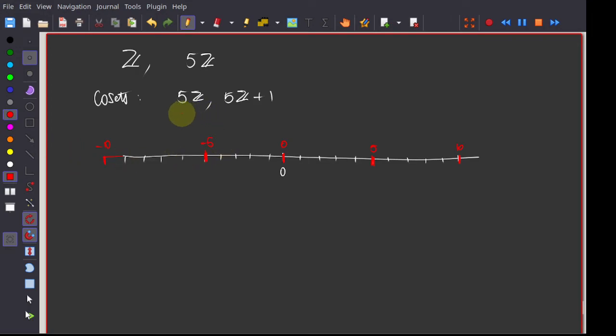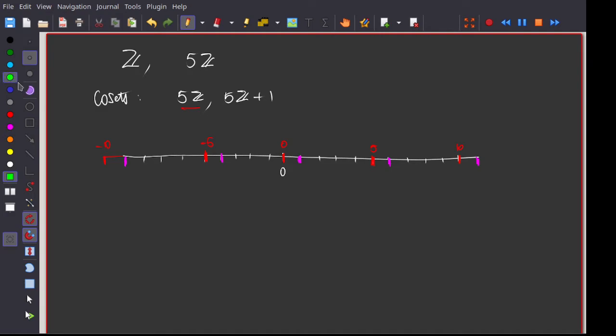Okay, so this is 5Z. Now what is 5Z plus 1? It is 1, then 5 plus 1, 6, minus 5 plus 1, that is minus 4, minus 9, 7, 4.